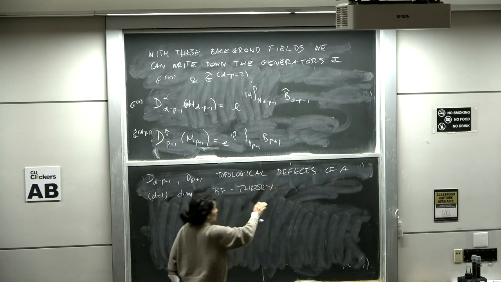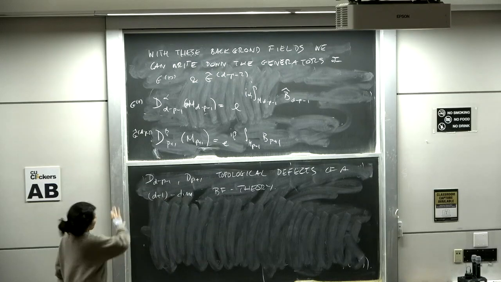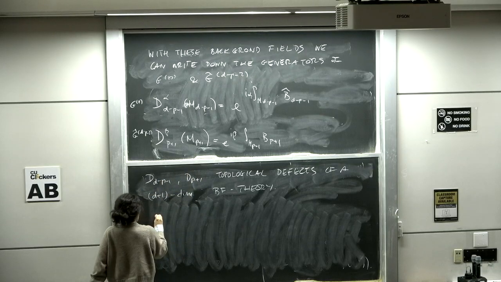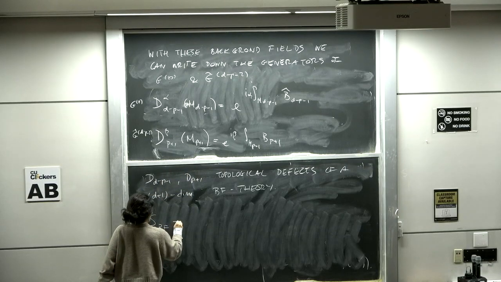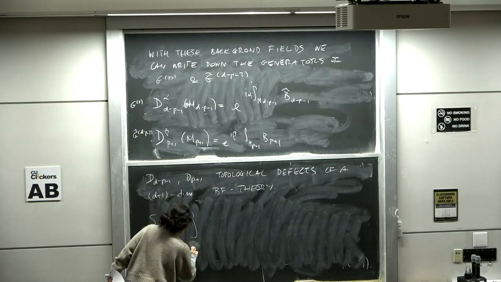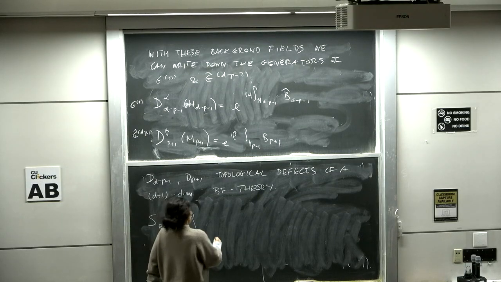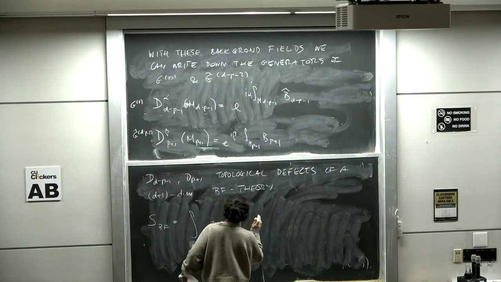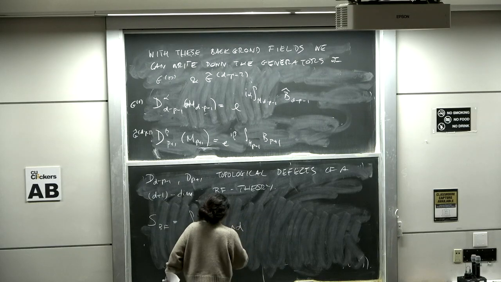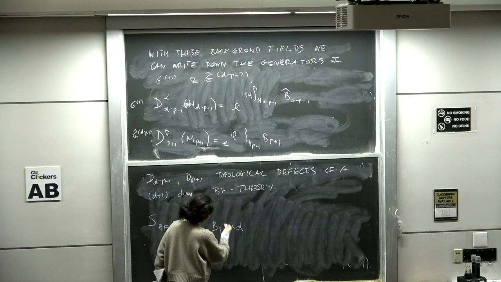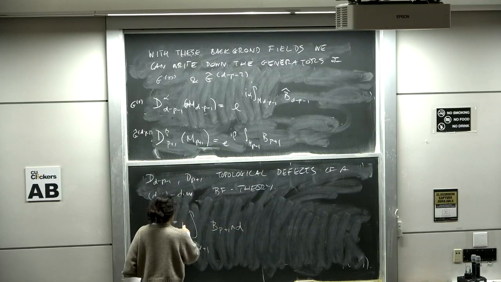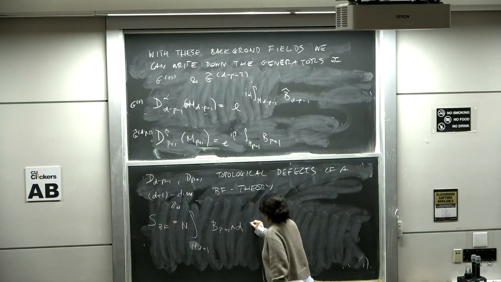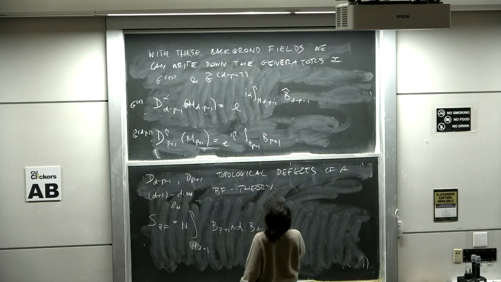So I'm assuming there are no 't Hooft anomalies. These topological defects are just in the theory. Namely, they live in some M^(D+1), where I have these background fields D^(P+1). If you have to write down the cup product, I will just write it down, let's say if it's a Z_n symmetry, as b minus p minus 1.